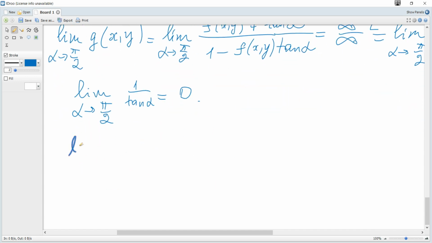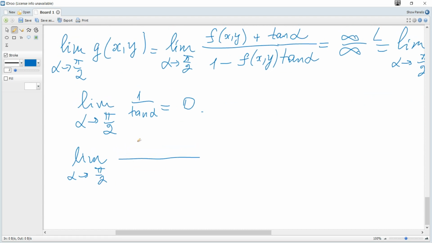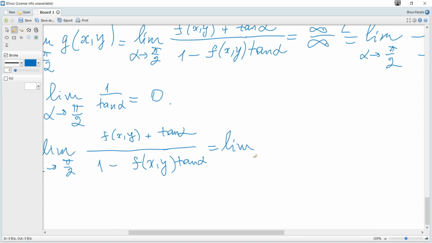And if you consider this expression, f plus tangent over 1 minus f times tangent, and if you divide each term by tangent you get the next.